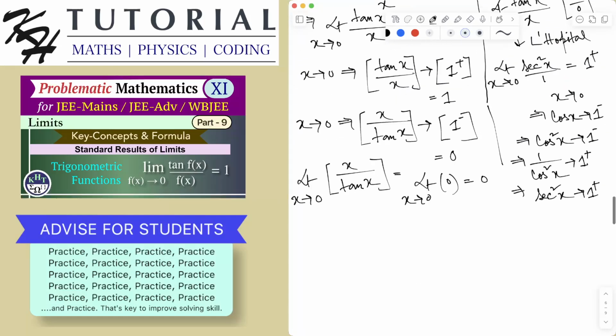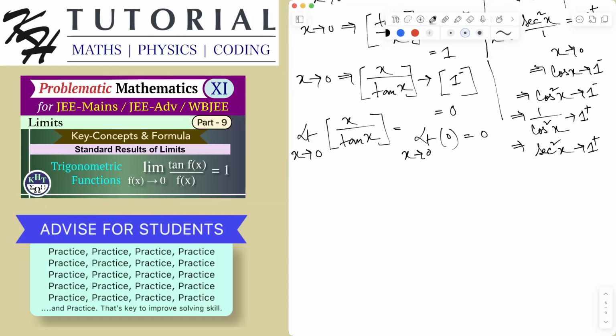So when x tends to 0, this will imply that tan inverse x by x will tend to 1 negative. The value of tan inverse x by x will be a little less than 1. We can again see these results using L'Hopital's rule. Okay.